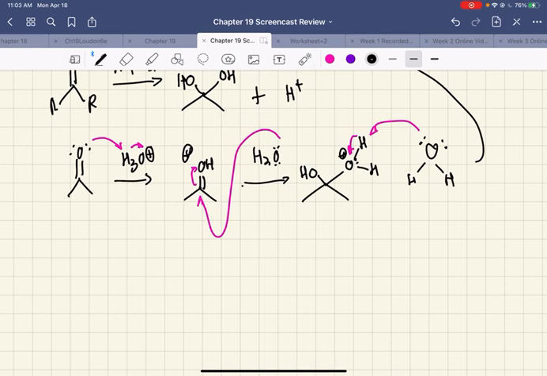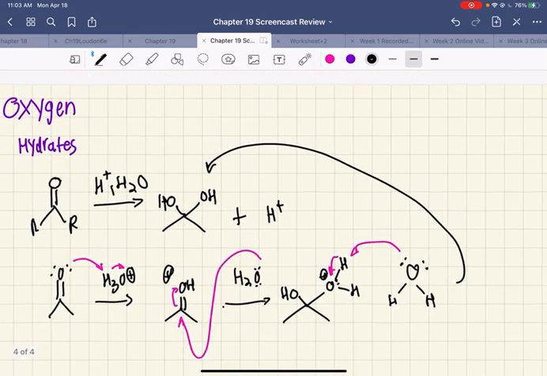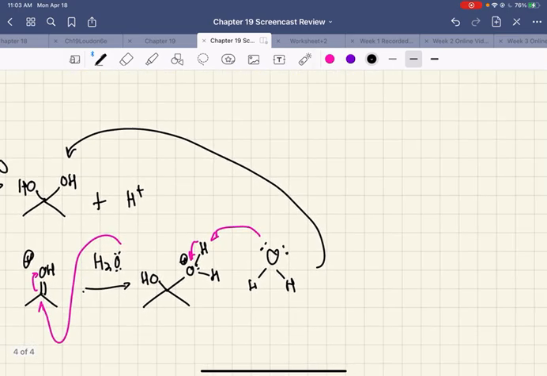Now we should go over, I forgot to mention that in the formations of these, an acetal would be that.